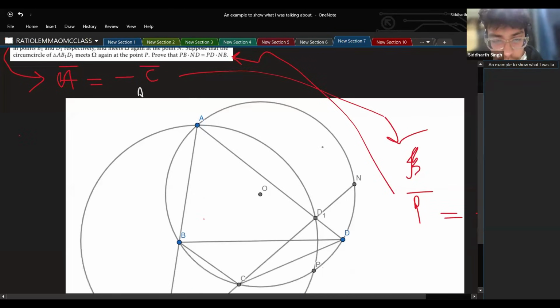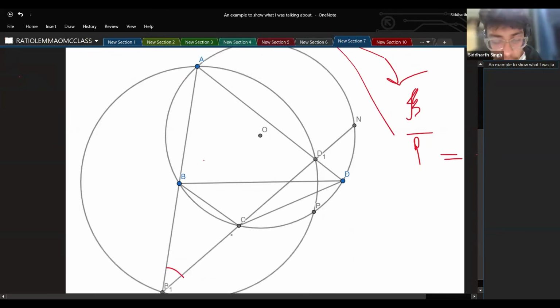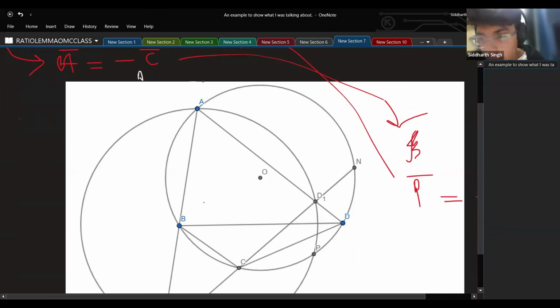So now this is the line through C perpendicular to AO. What other line is perpendicular to AO, which is relevant to this scenario?